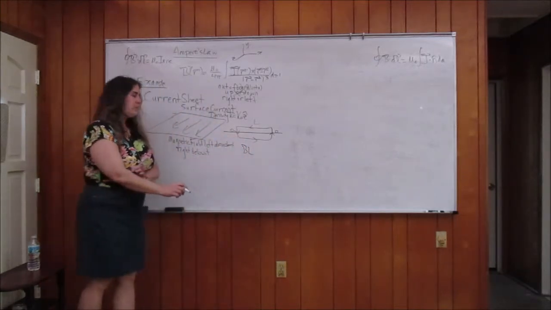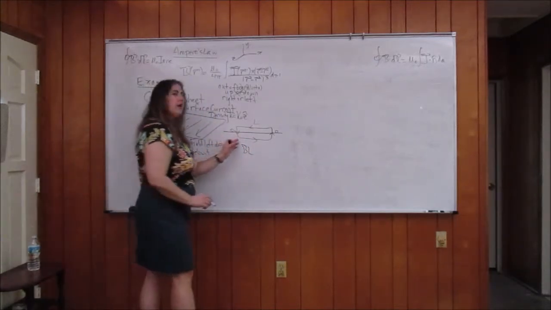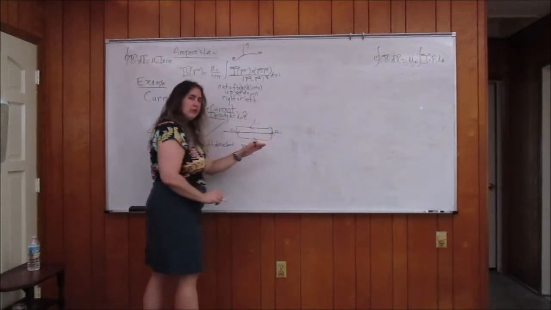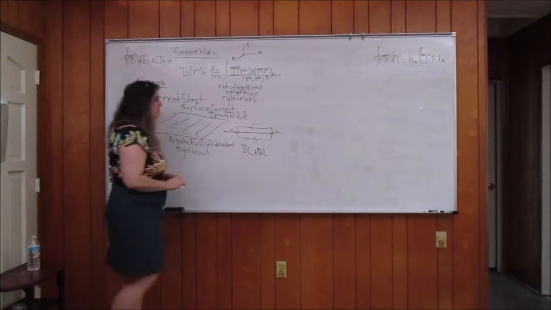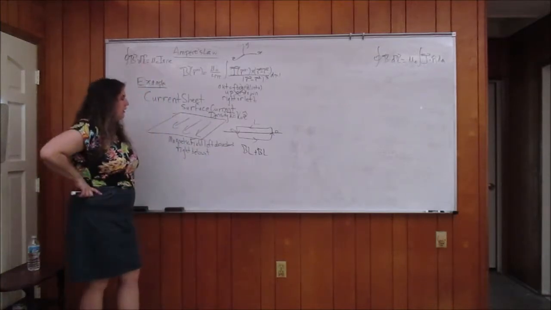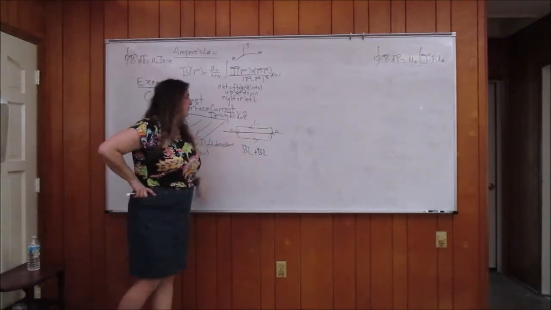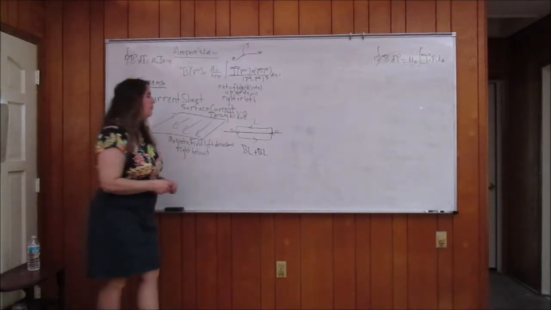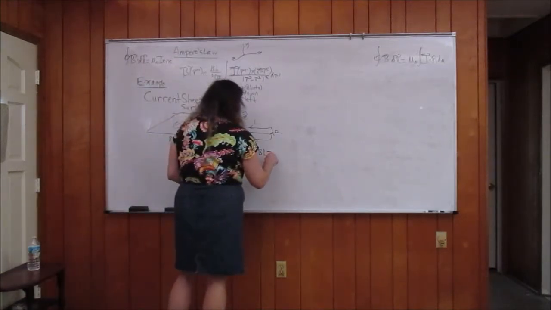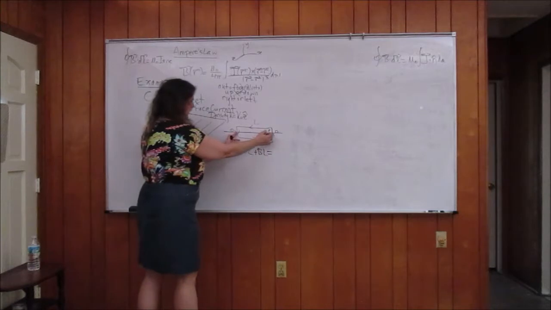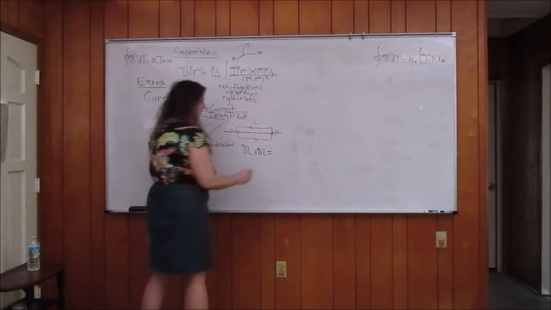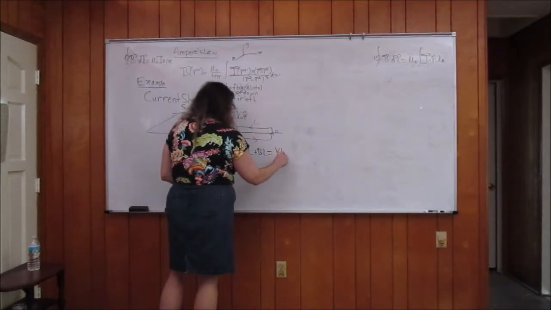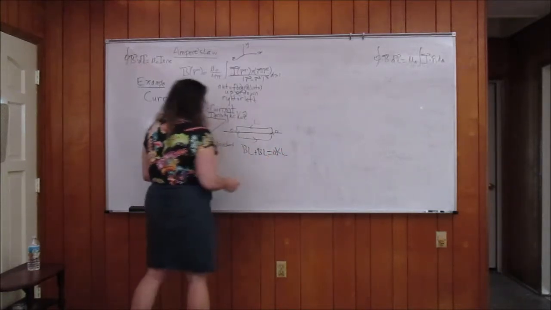Below the current sheet, we also have a contribution. We've got the magnetic field pointing to the right times the length of the loop. So we have BL plus BL, and the total amount of current contained within the loop is just the surface current density K times L, with a mu naught out front there.